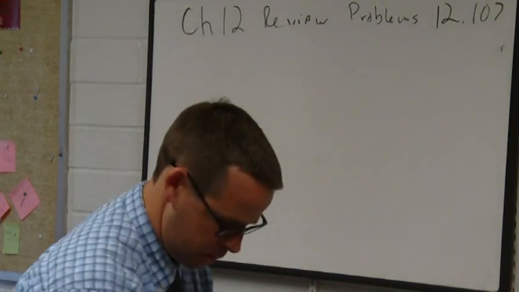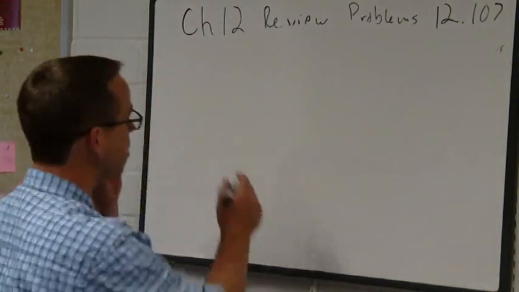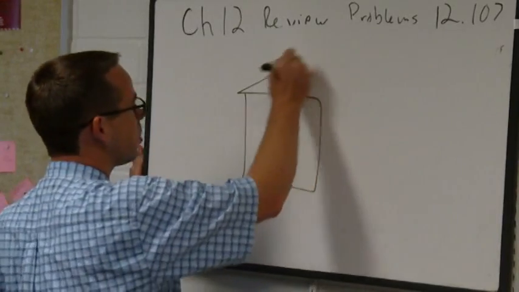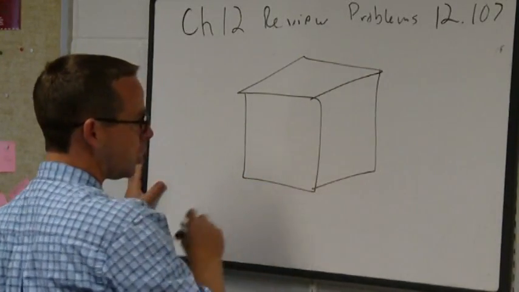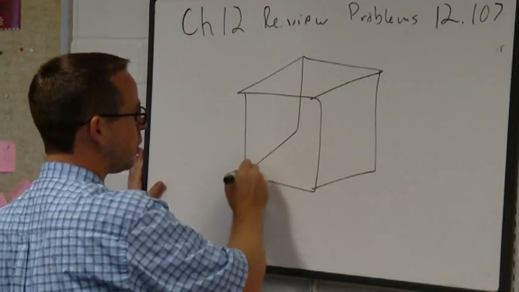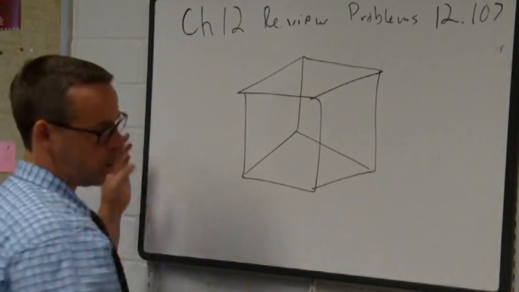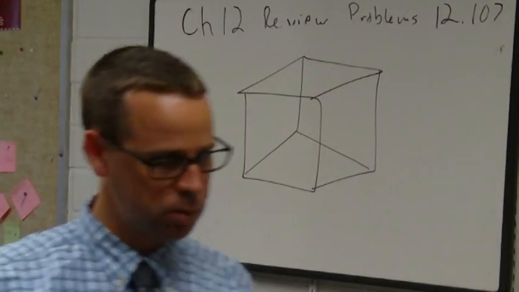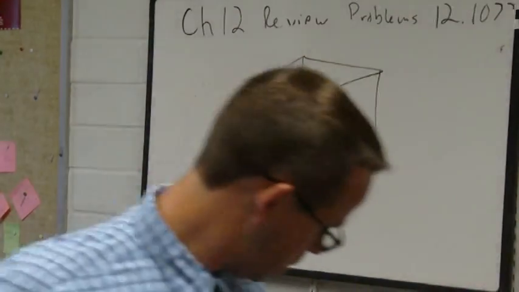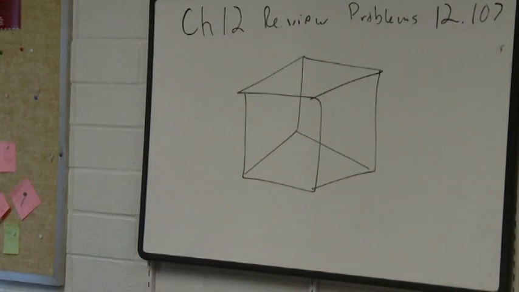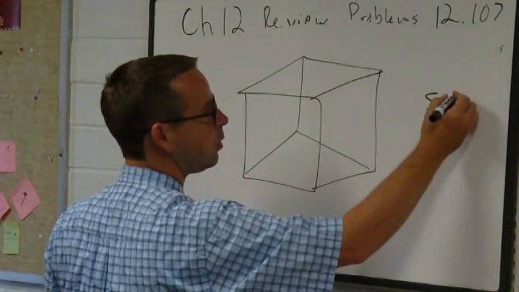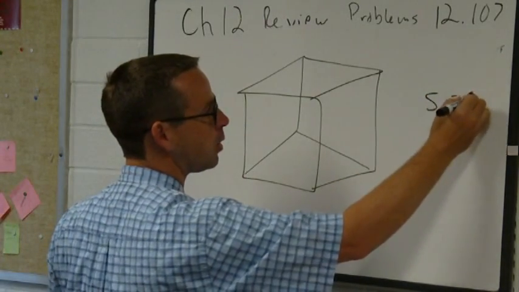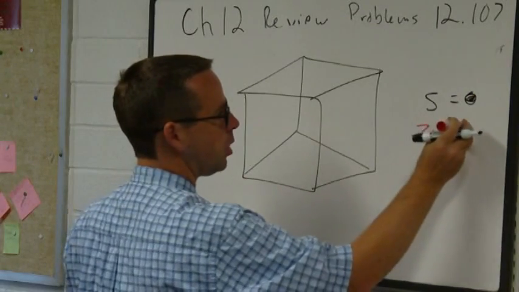So let's draw this thing out first. All right. Okay, so let me do a different color here. So we'll have our sulfides in black, and one of our zinc is red.